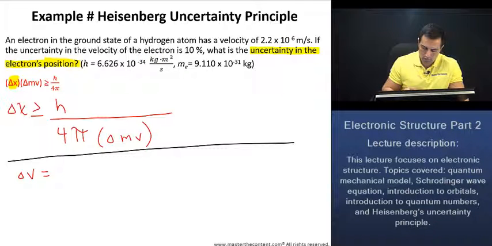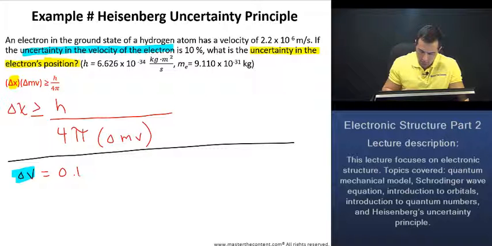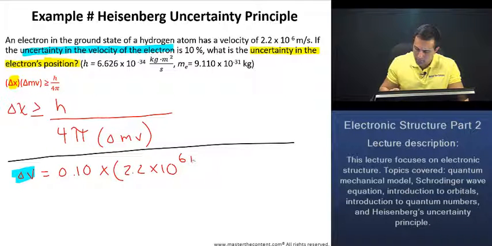Thus, in doing so, that's just going to be 0.10 times 2.2 times 10 to the power of 6 meters per second as such.